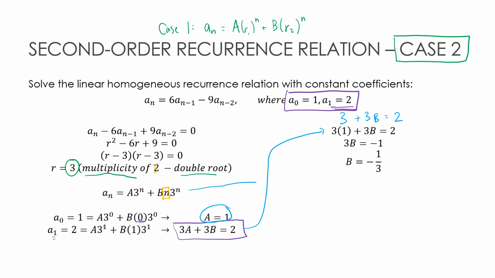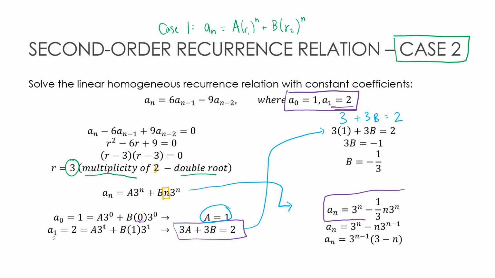Again, just as I did before, I'm taking this guy and replacing a with 1, so it was just 1 times 3 to the n, and b with negative 1/3. So it's okay if I leave my solution just like this. I did a little bit of math magic to clean it up a little bit, because 1/3 is 3 to the negative 1.